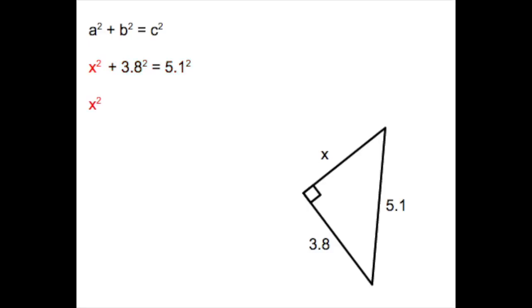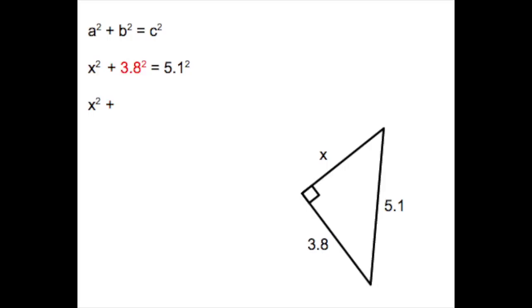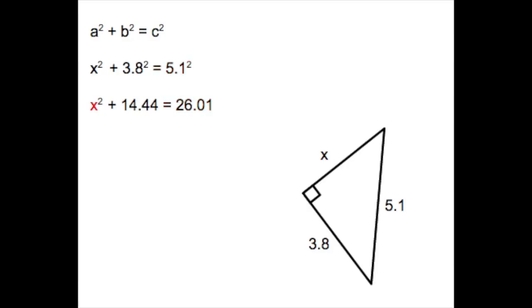Now we can simplify the exponents in the equation. X squared will remain as x squared for now, which will be added to 3.8 squared, which is 14.44, and that will be equal to 5.1 squared, which is 26.01. Now that we've simplified our exponents, we need to move forward to solve for x.